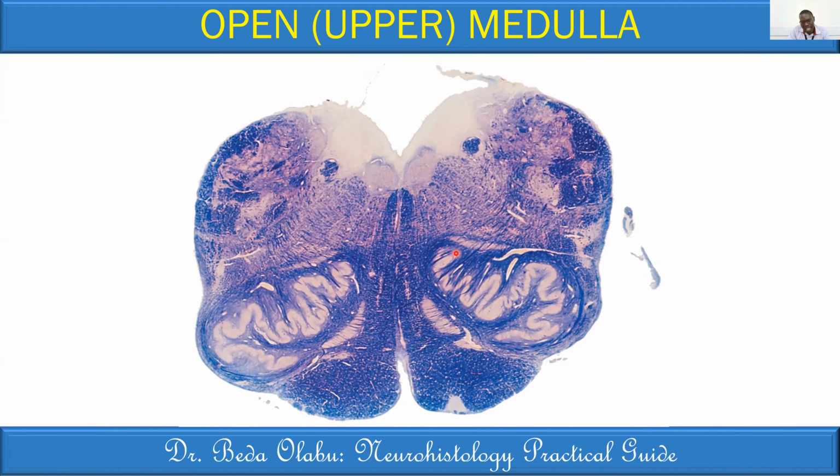These ones, these are the internal arcuate fibers, and they seem to come from somewhere here. So if you are able to see cuneate and gracile nuclei, they'll be somewhere here, not here. Remember, with the fourth ventricle, the nuclei very close in the midline will be the hypoglossal nucleus and perhaps the dorsal vagal nucleus, slightly closer to that one.